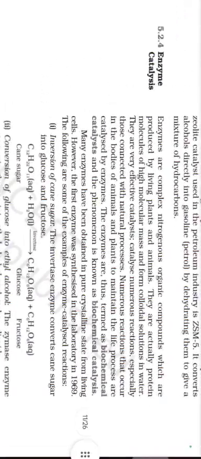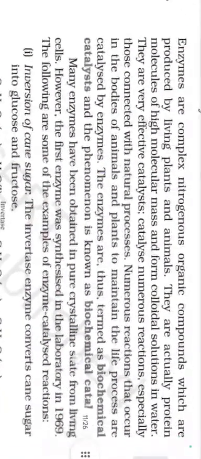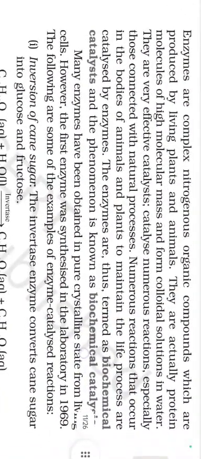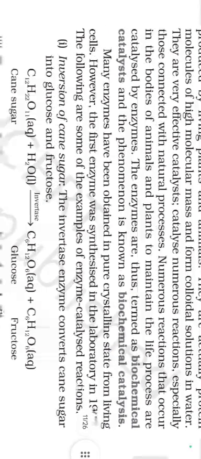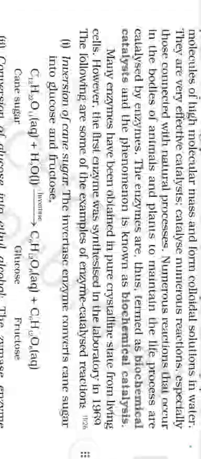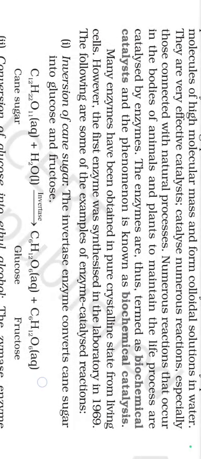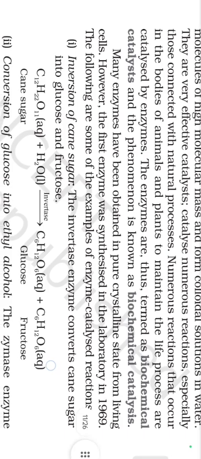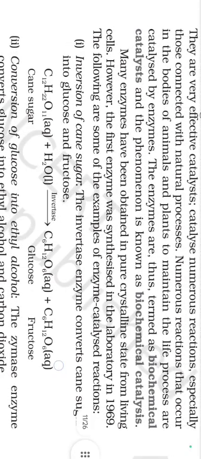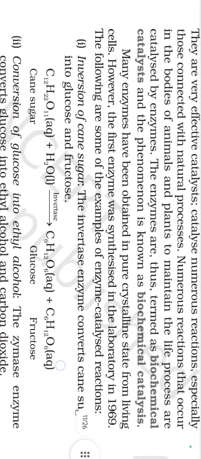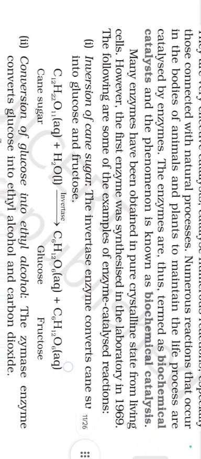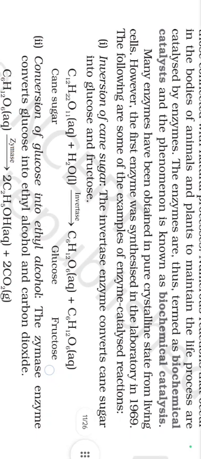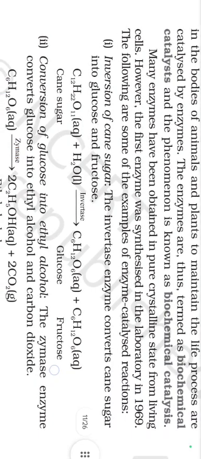Enzyme catalysis. Enzymes are complex nitrogenous organic compounds which are produced by living plants and animals. They are actually protein molecules of high molecular mass and form colloidal solutions in water. They are very effective catalysts, catalyzing numerous reactions, especially those connected with natural processes. Numerous reactions that occur in the bodies of animals and plants to maintain the life process are catalyzed by enzymes.